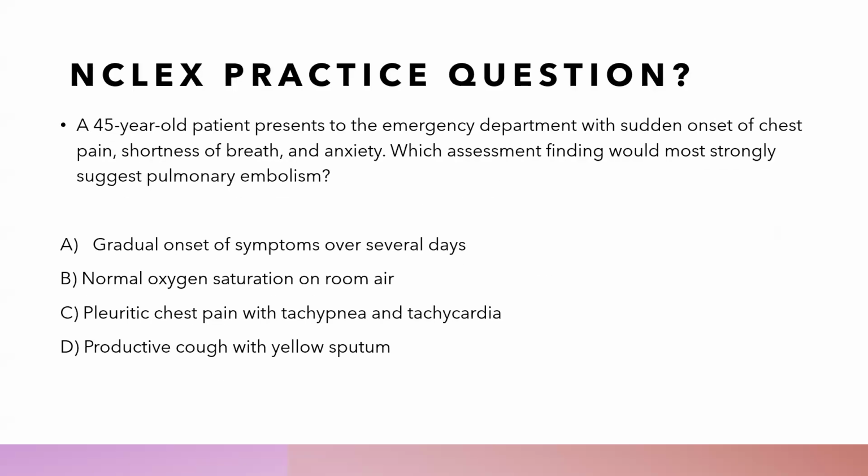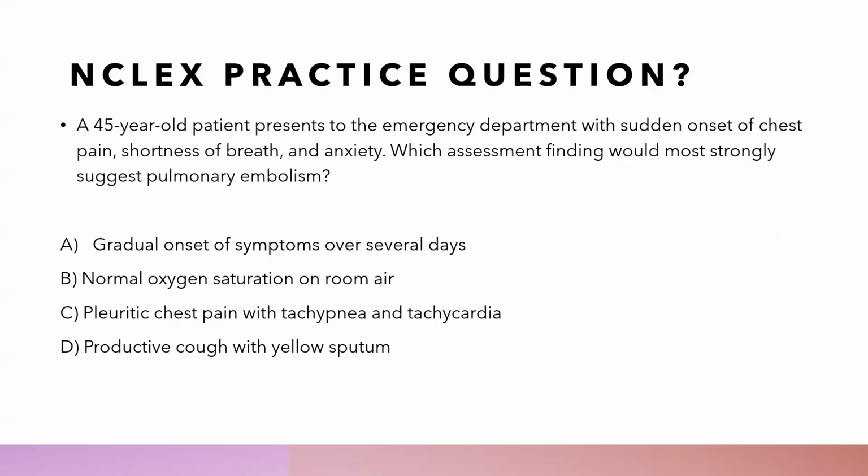A 45-year-old patient presents to the emergency department with sudden onset of pain, shortness of breath, and anxiety. Which assessment finding would most strongly suggest PE? Now, it's not gradual onset of symptoms, and it's not normal oxygen saturation on room air. Yeah, you got it. Pleuritic chest pain with tachypnea and tachycardia.